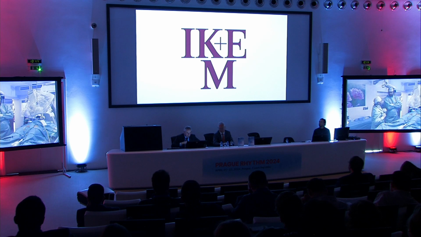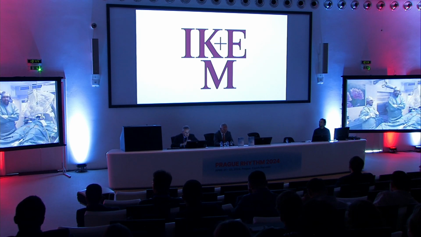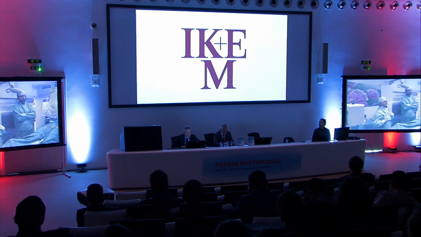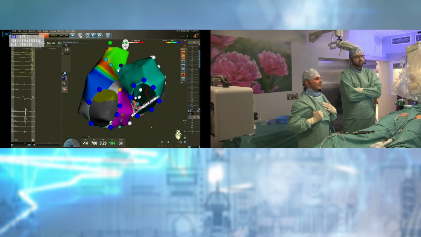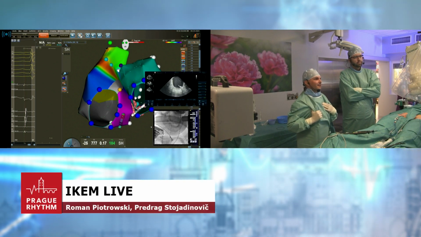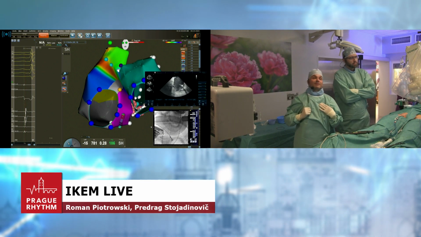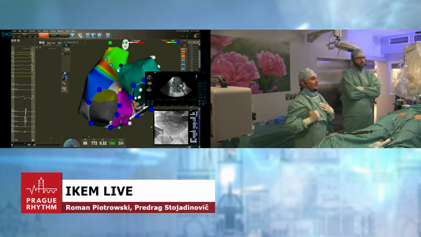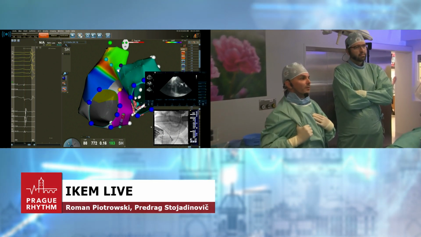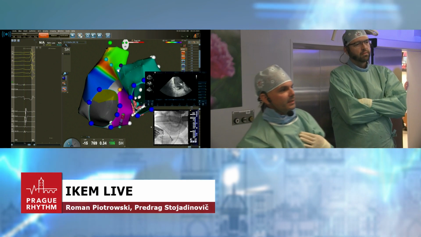Okay. So we should be in the other lab where Roman did this neuroablation for functional AV block in a young lady. So Roman? We just finished the procedure, and as you can see, we did two or three more applications in the CS OS.